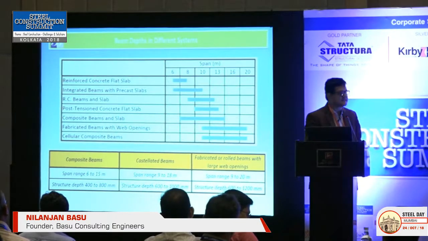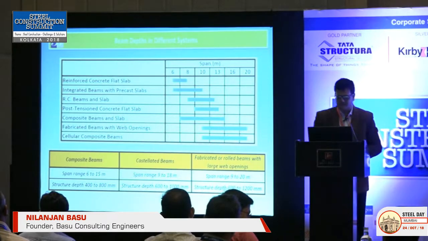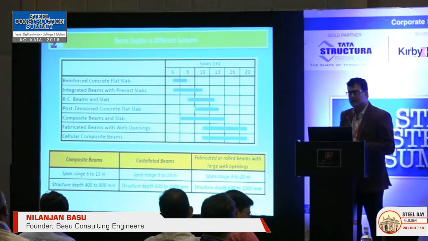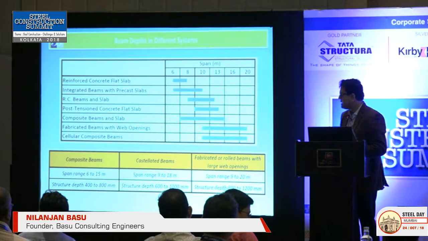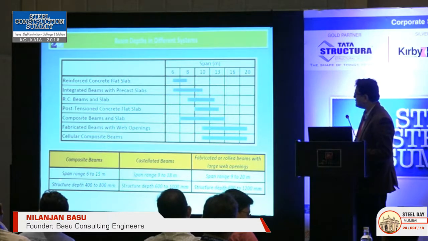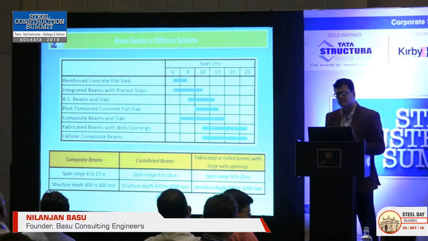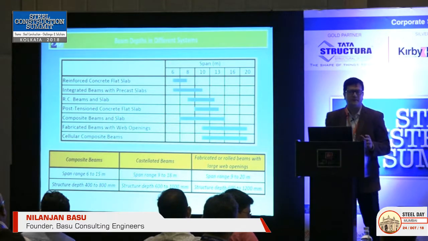So over the years, this chart is taken from the internet, of course, and we've quite identified with the chart and the beam depths we get from that. For a composite beam spanning between 6 to 15 meters, the depth of the beam would range between 400 to 800.